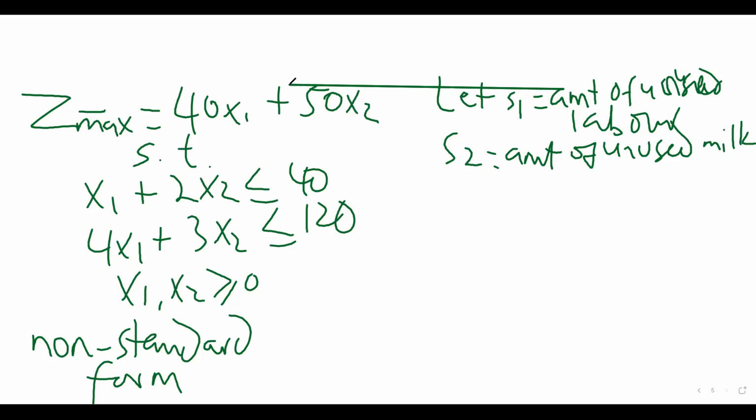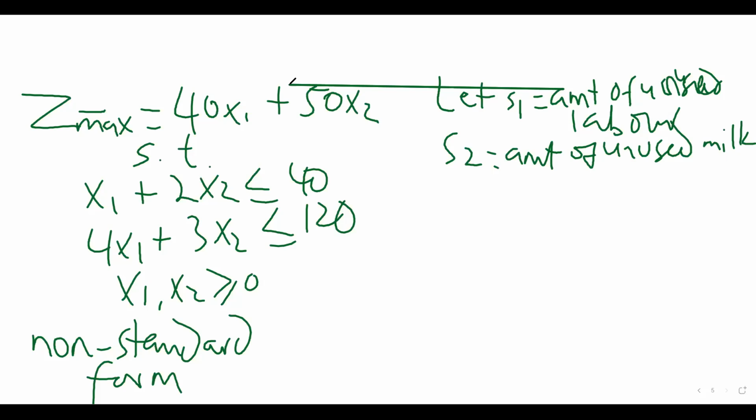If there were 3 constraints, we would have S3. And when I say constraint, I'm talking about resource constraint. If there was a sugar constraint, we would have S3. If there was a water constraint, we would have S4. So the number of constraints defines the number of S's, the slacks, which is the leftover or the unused resource.